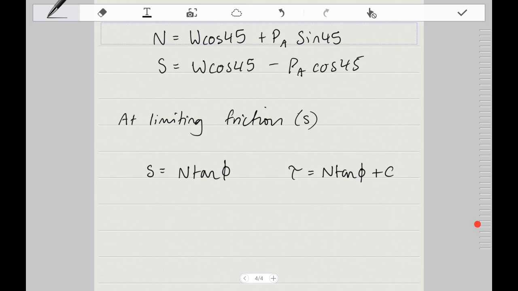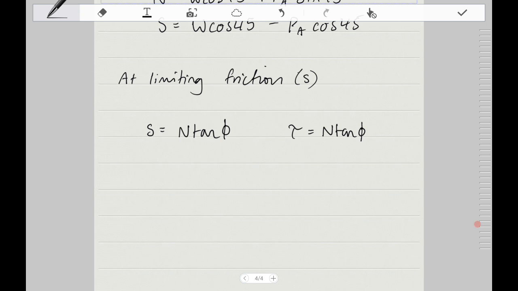It doesn't cause any problem if it were cohesive or not, but for this one we'll just make it simpler. We're just going to say that it's a cohesionless soil, which is basically sand. So yes, we end up with this. This is the same thing as this. It's the Mohr-Coulomb failure criteria.